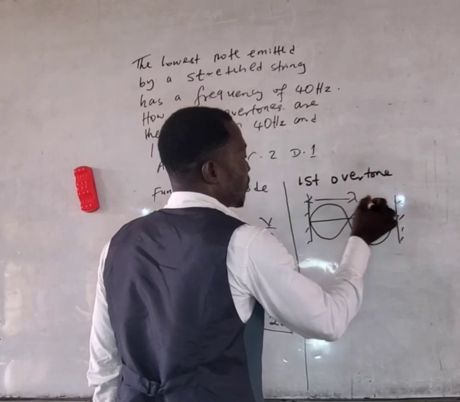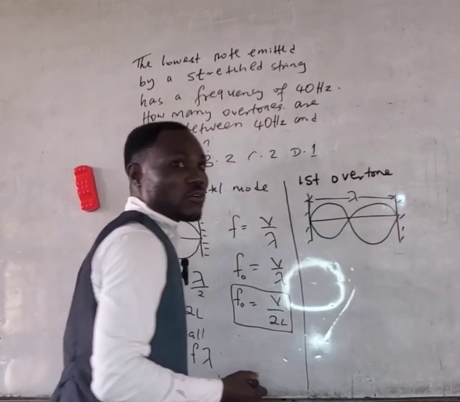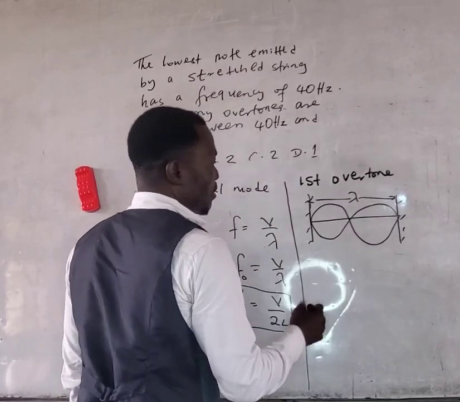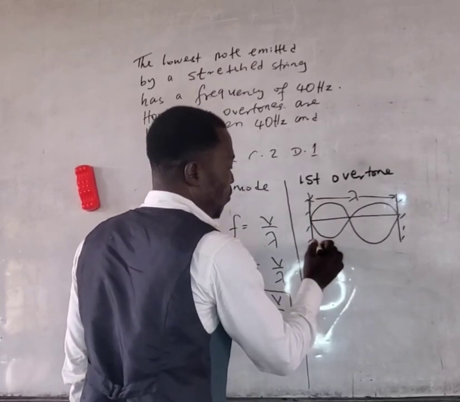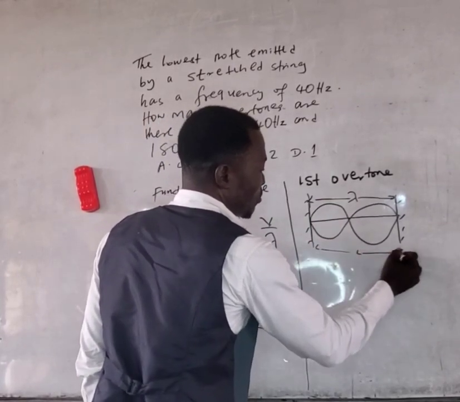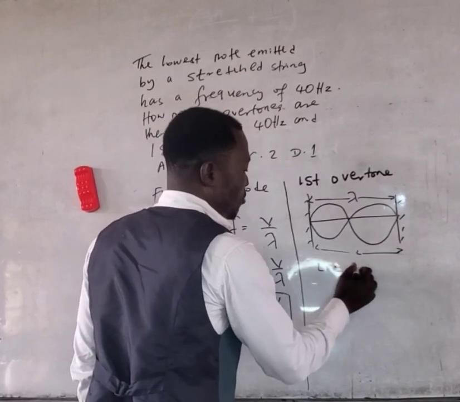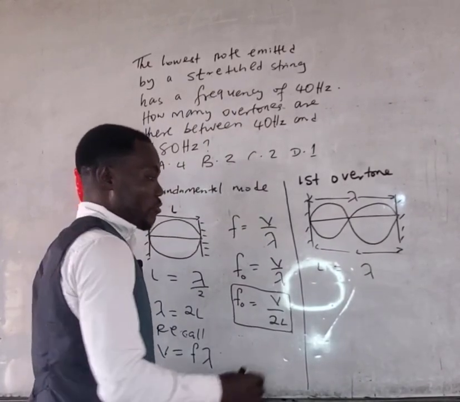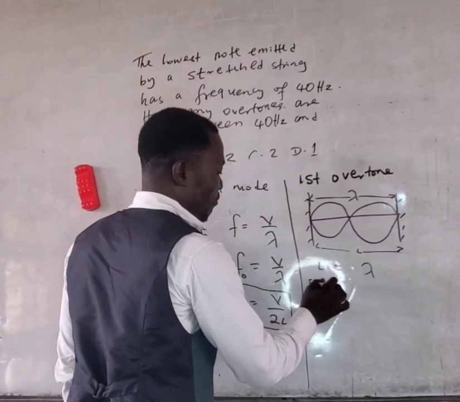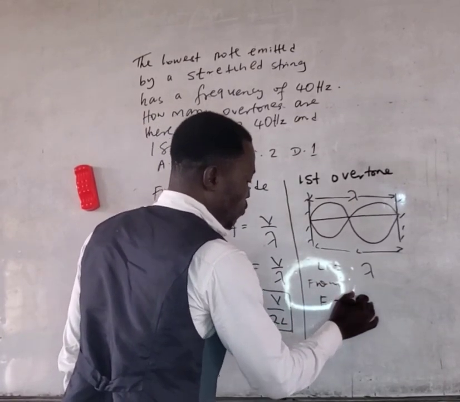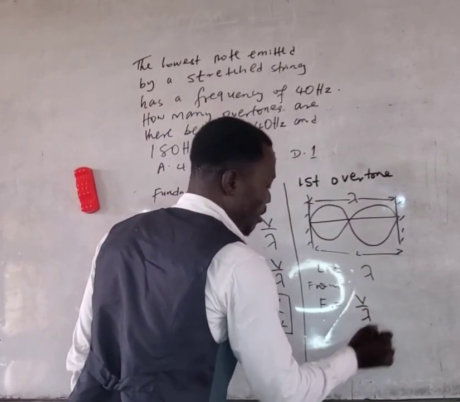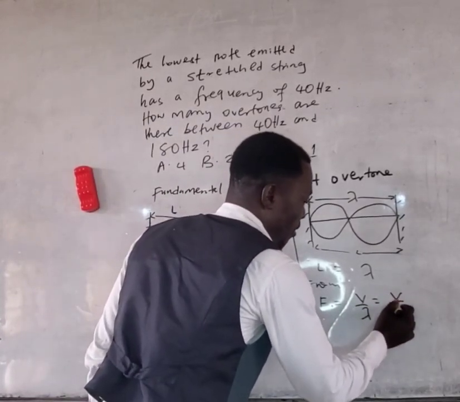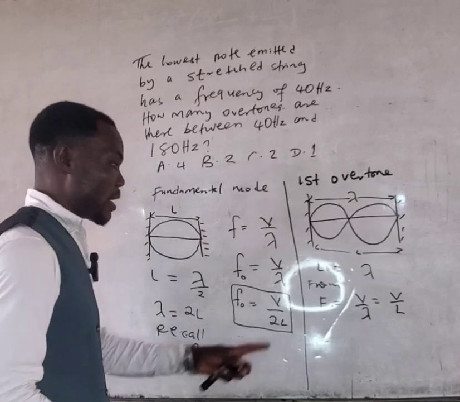From here to here represents the wavelength of the wave of the string, and this is also equal to the length of the string. We can see that the length of the string is equal to the wavelength. So from f equals v over lambda, this equals V over L.